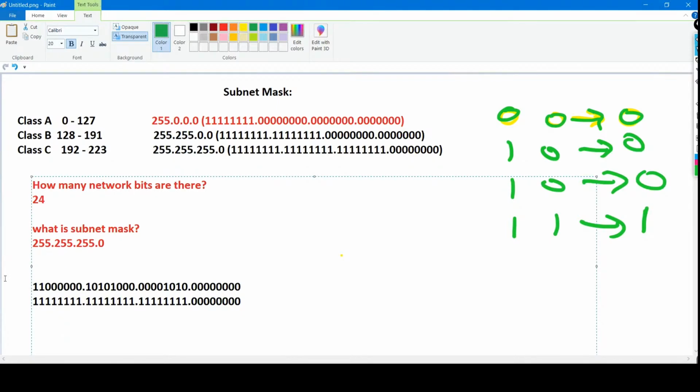The value will be 11111111, 11111111, 11111111, and the last octet all 0s, because 0 and 1 gives 0.